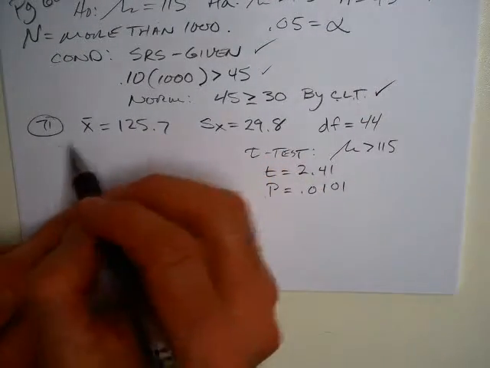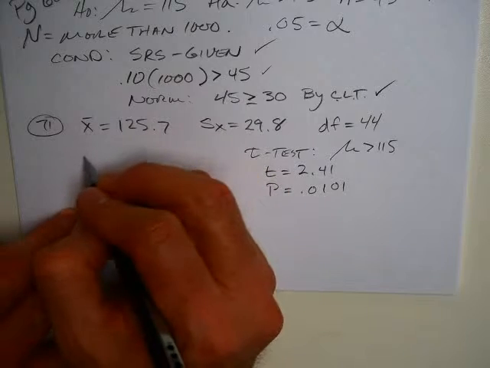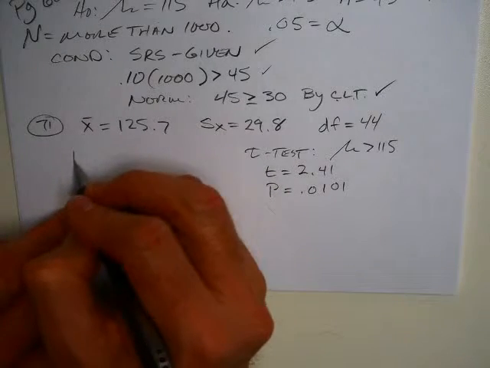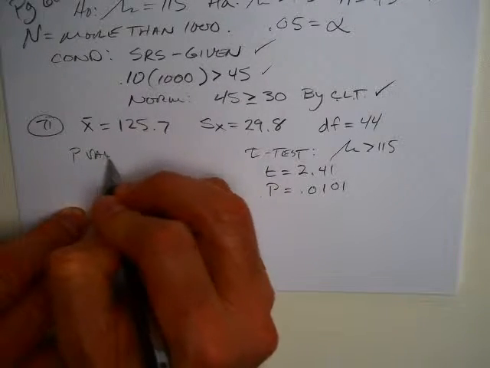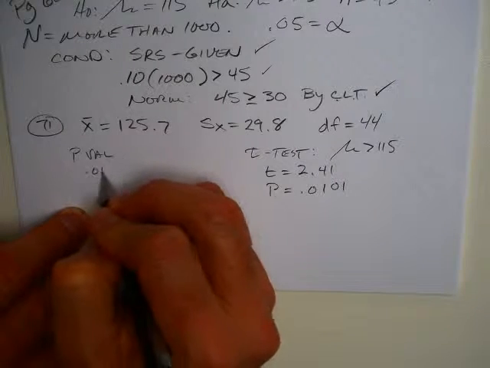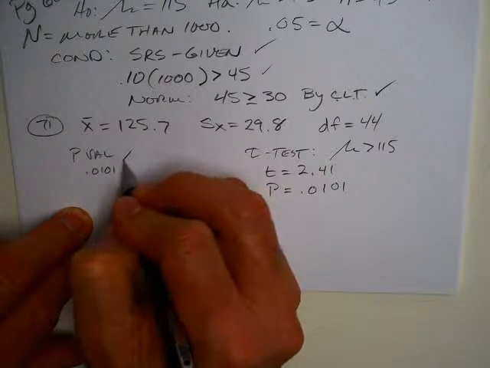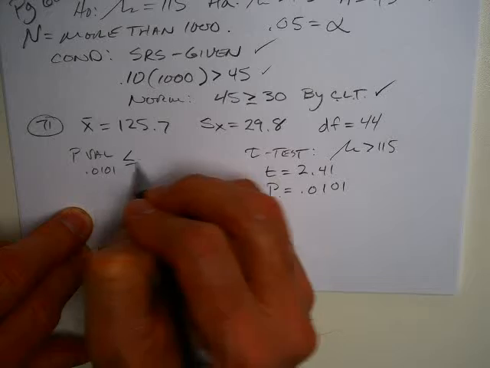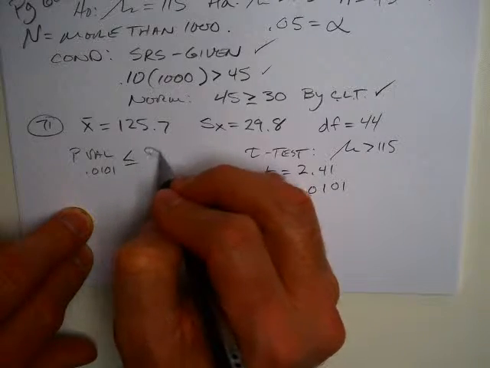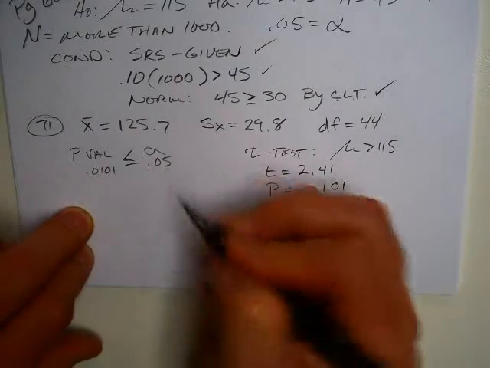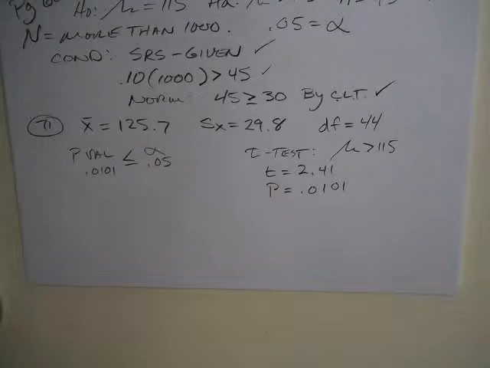So is alpha, or is the p-value of 0.0101 less than or equal to alpha? And for sure it is, and way less. So we reject the null.